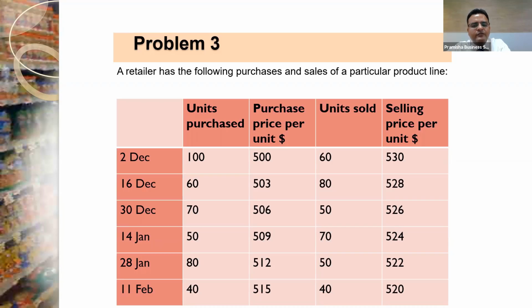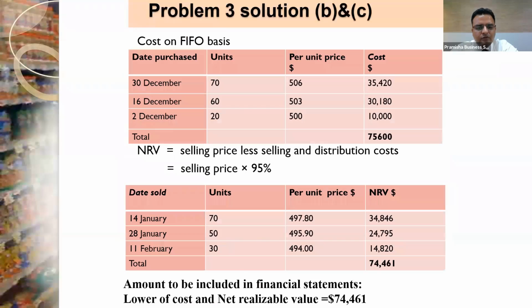So out of 150 units, if we sell 70, we will be able to sell at 524. 50 units will be able to sell at 522, minus 5%. 70 plus 50, that is 120. The remaining 30 will be able to sell at a price of 520 minus 5%. So we'll be selling 70 at 497, 50 at 495.90, 30 at 494.